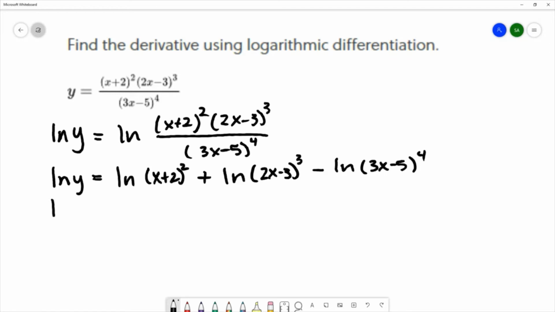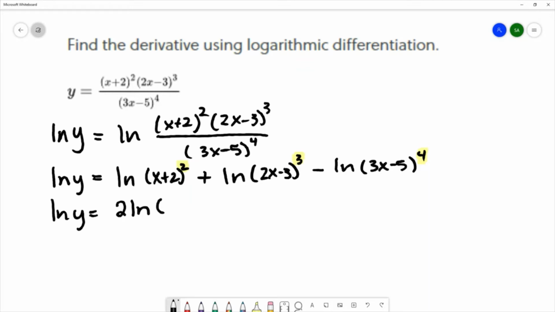I'm going to do one more step with algebra using the power rule for logarithms. Each one of these expressions has a power, so I'm going to use the power rule for logarithms to turn that power into a coefficient on the log.